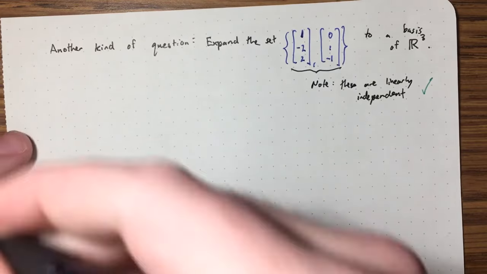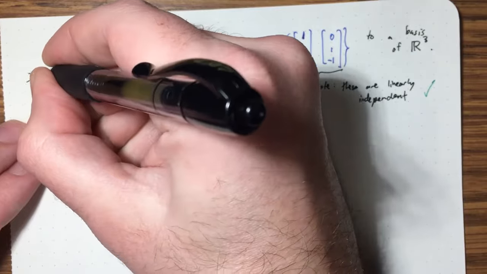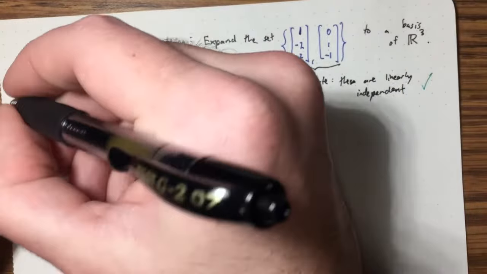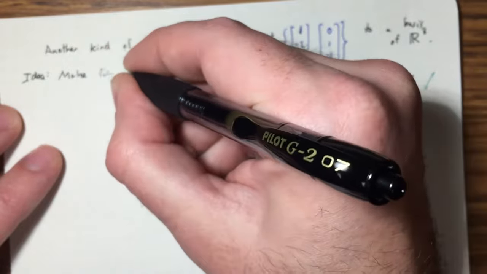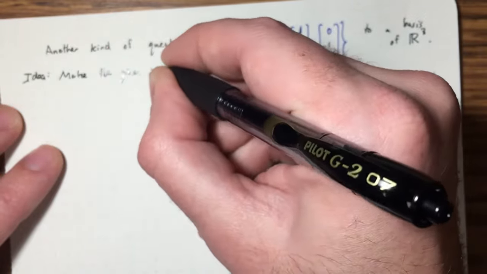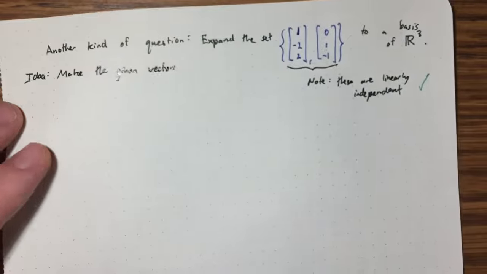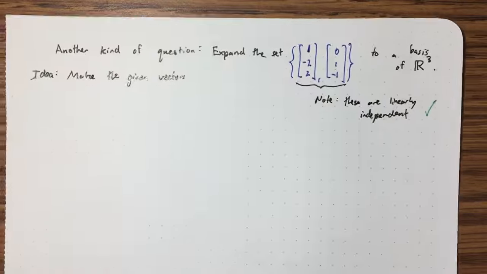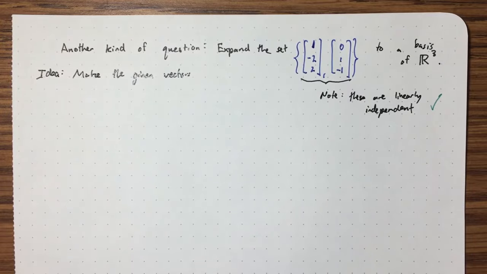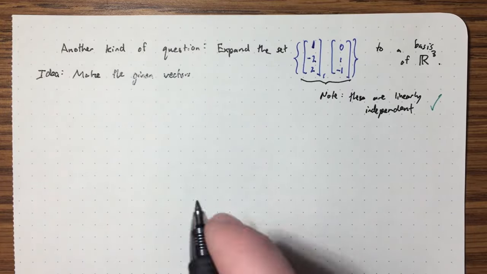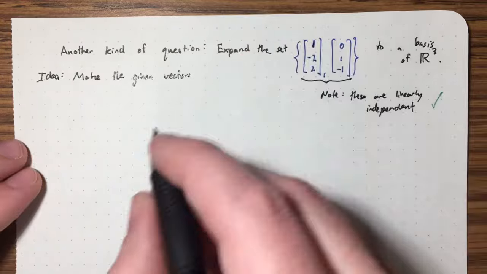Okay, so how do we do this kind of problem in general? So here's the idea. You should try to think through this problem on your own. How would you expand these two into a basis? I'm going to say one way you can do it.